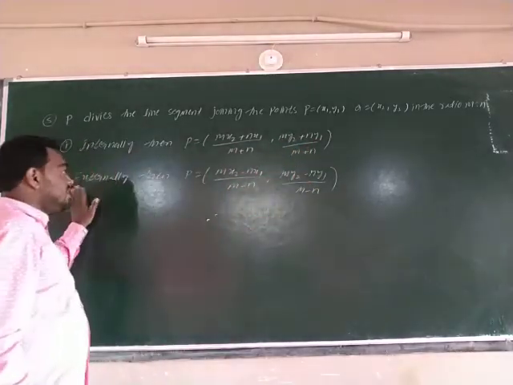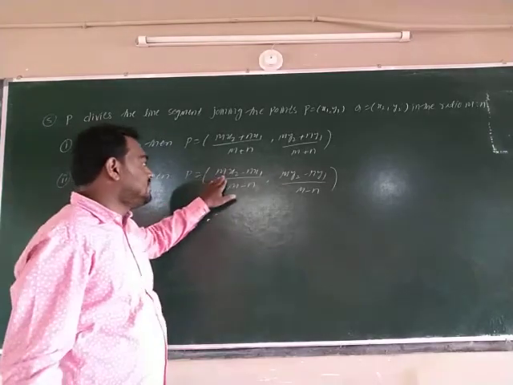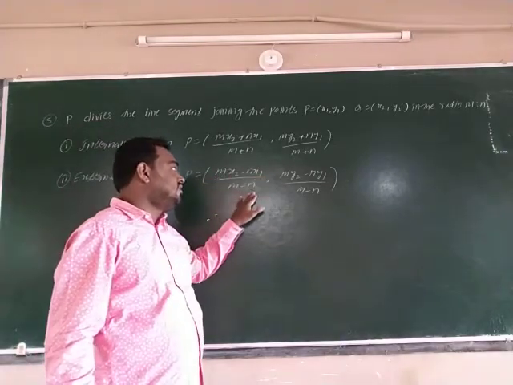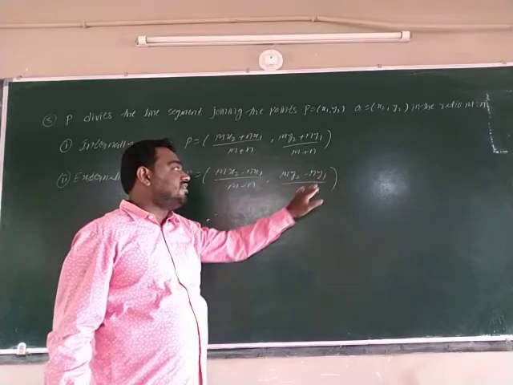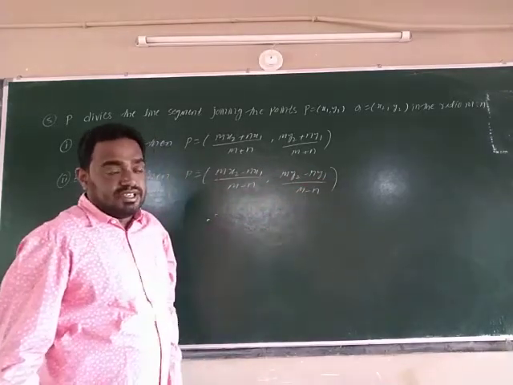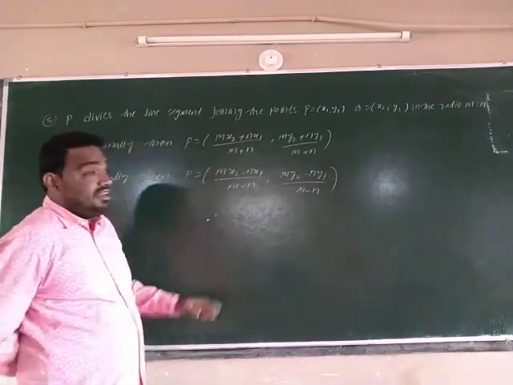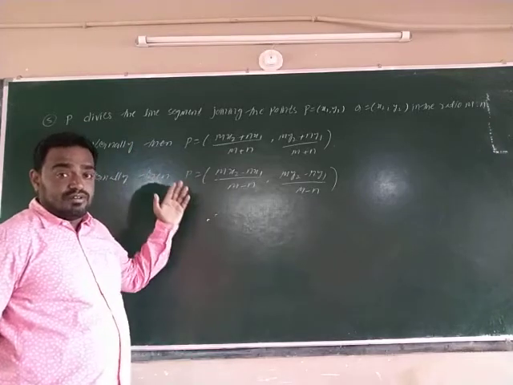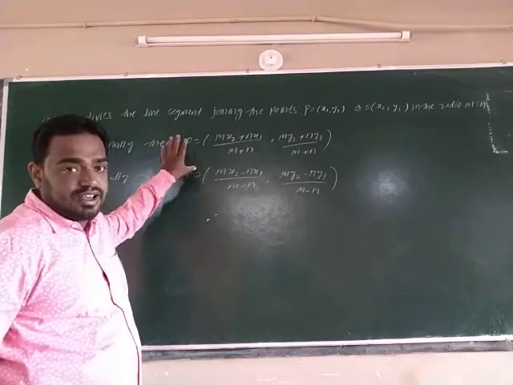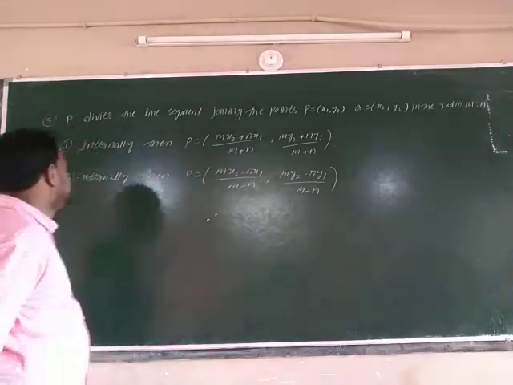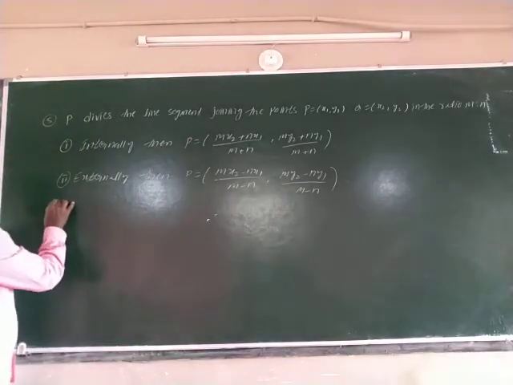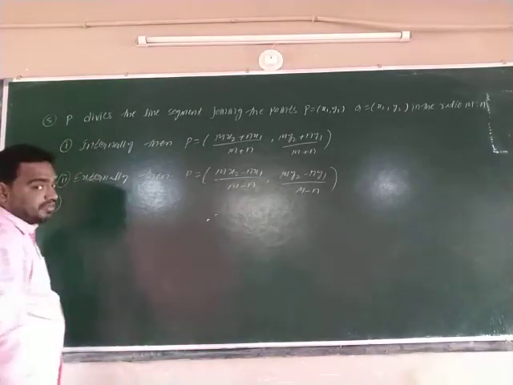If it is externally, then P is equal to (mx2 minus nx1) by (m minus n), (my2 minus ny1) by (m minus n). These definitions and formulas were already explained in the earlier course also. This is called the section formula.